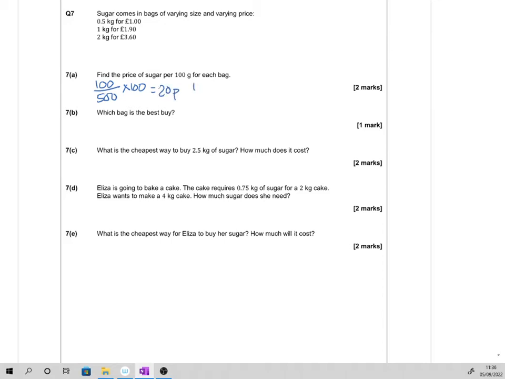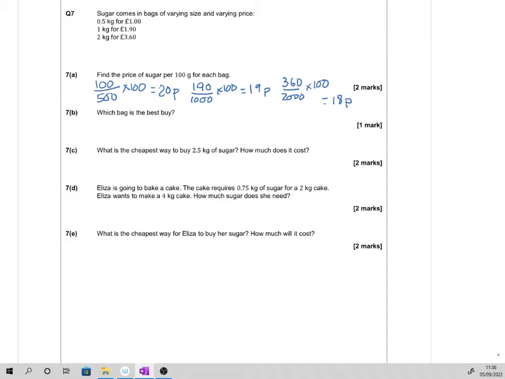The second one is going to be 190 divided by 1000 times 100, 19p. And the third one is 360 divided by 2000 times 100 equals 18 pence.